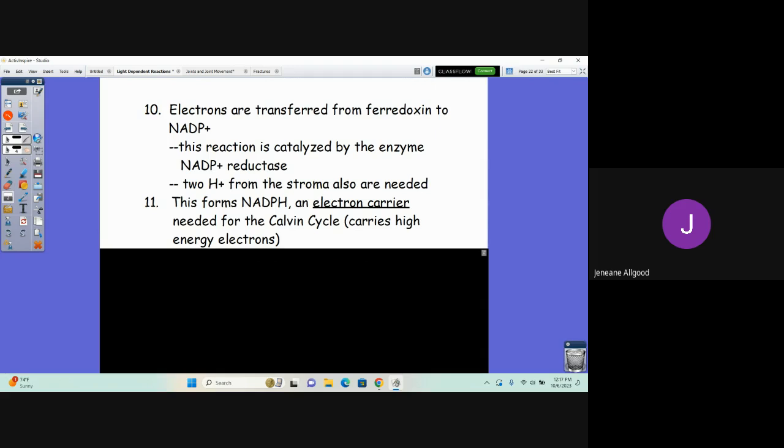It stores electrons that have a lot of energy. We say ATP is energy storage. We can break a phosphate group off to yield energy for the cell. NADPH has that H on the end, which means it's got some high energy electrons. So they function a little differently from each other.